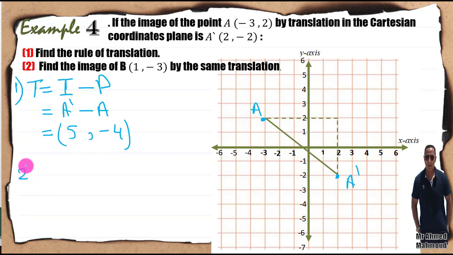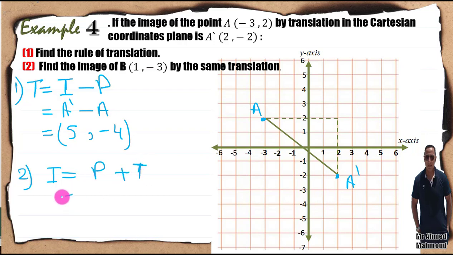Number 2, find the image B dash of B by the same translation. Okay, I need here the image. Image equals point plus translation by using the magic triangle.